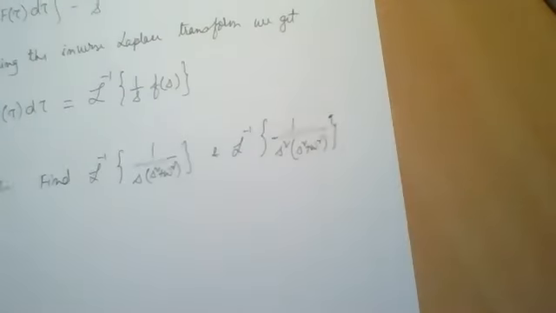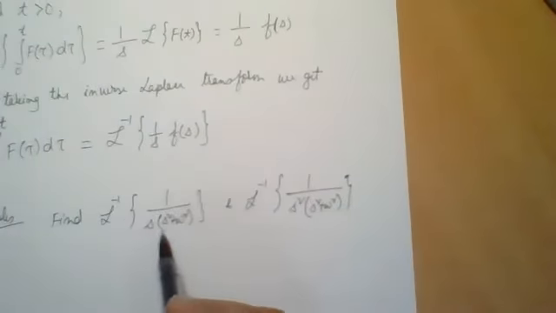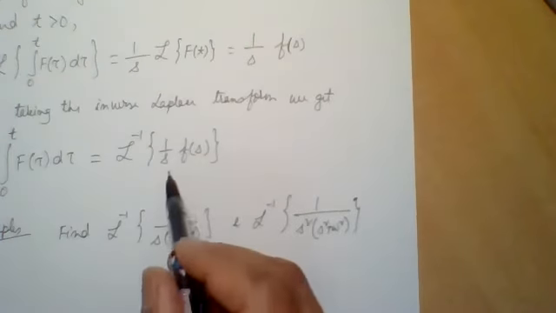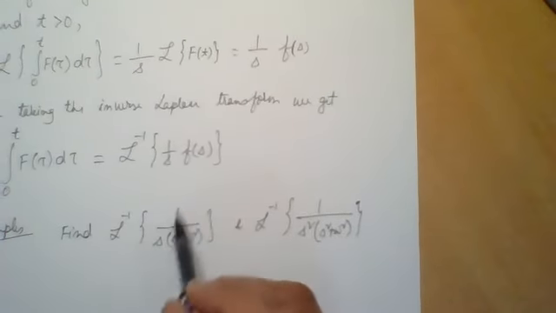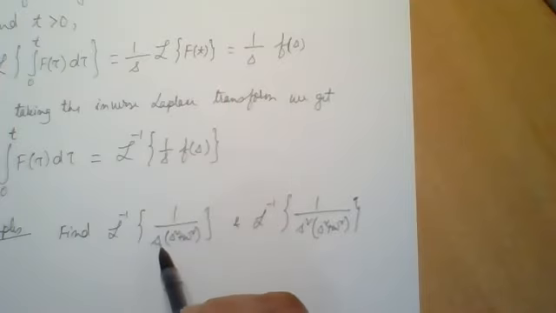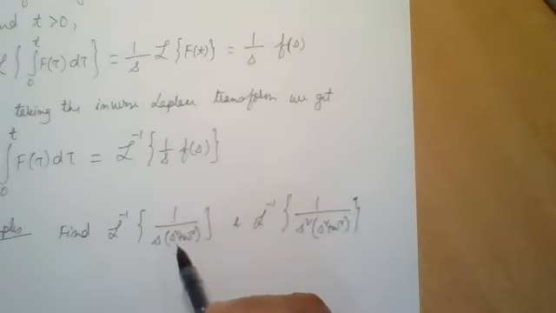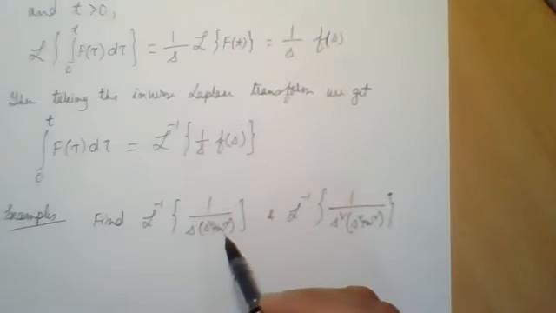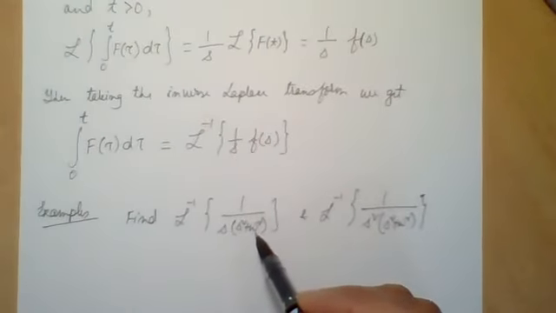Okay. This particular expression can be written in this form: 1 by s F(s). If I neglect this s for some time, then the expression 1 by s squared plus omega squared should be the Laplace transform of some function. And what kind of function is that?